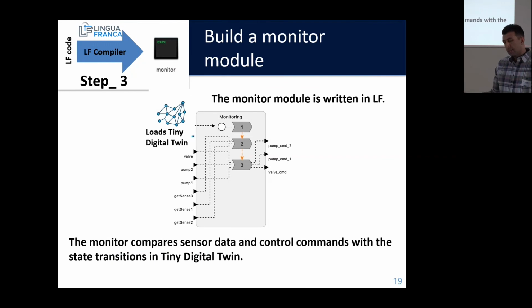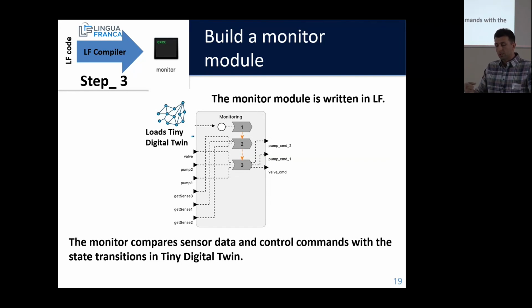And in the last step, we developed the monitor module. This is the module developed for this system that takes as input the traffic going to the controllers and the outputs coming from the controllers to be sent to the physical layers.